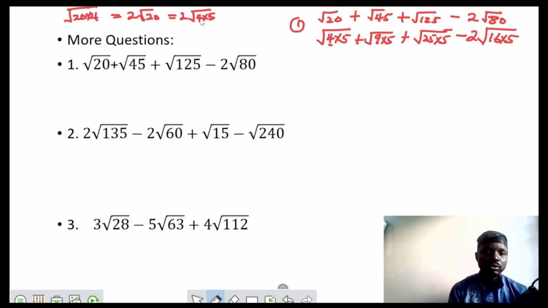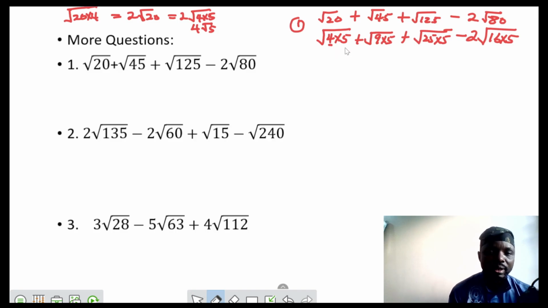So this one will still be broken into this, and I have 2 here. Then finally it will give me 4 root 5. So that's what I'm talking about. Root 4 is 2, then we still have root 20, and you can still break this into another perfect square. So that's why I said it is better to get the highest perfect square in that one. Use the multiple that will give you the highest perfect square, which is 16.